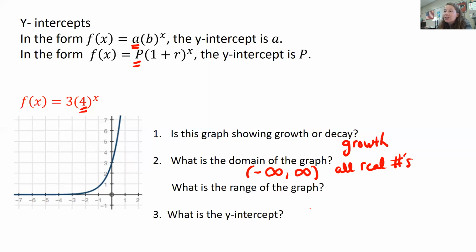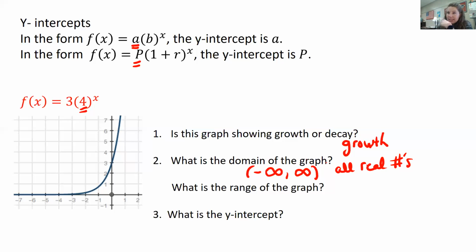Now the range is not going down forever, because even though it looks like it's touching 0, it's getting closer and closer to 0. It's never going to actually be 0. It's going to be very close to 0. So the range doesn't go down to negative infinity.